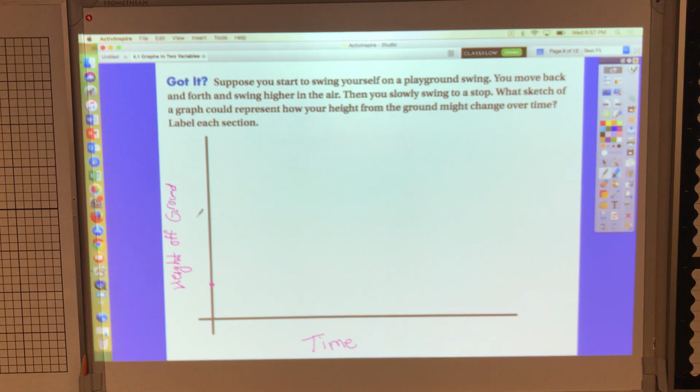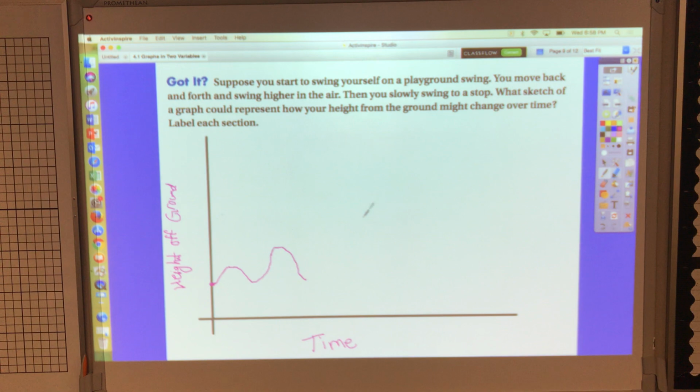It says we move back and forth. So when I move back, my height's actually going up. It's going to come to a maximum spot, and I'm going to come back down to where I started. And then when I go forward, I'm going to go up, and this time it says I go higher. I'm going to get to that maximum height, and I'm going to start coming back down to where I started.